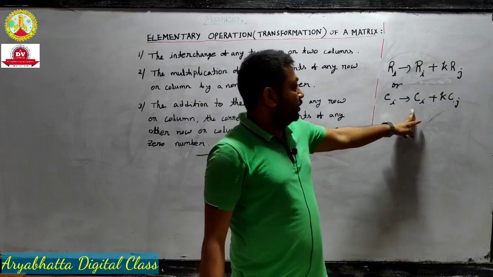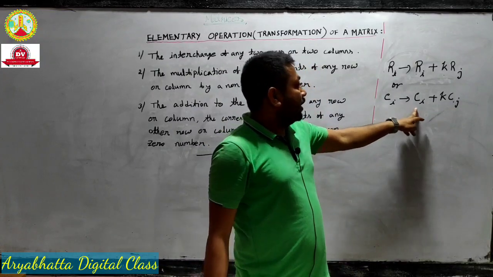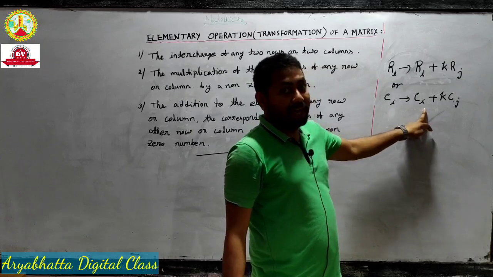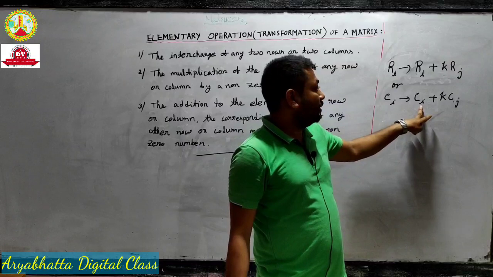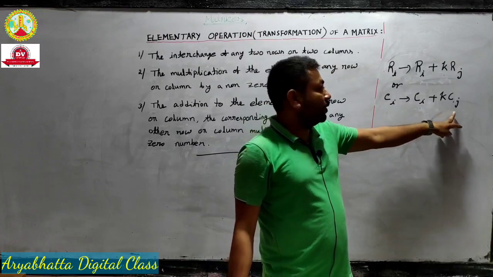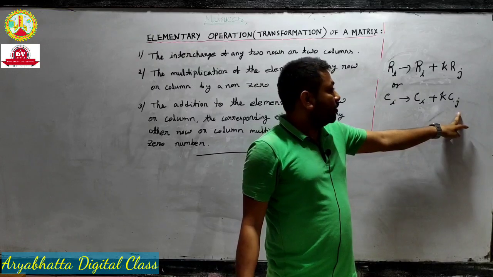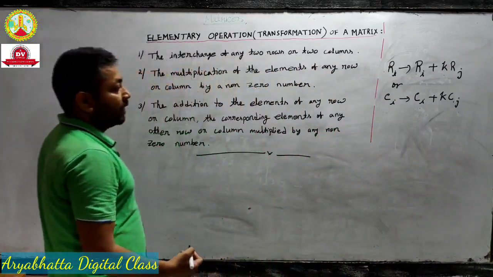Similarly, it means the addition to the elements of the ith column, the corresponding elements of the jth column multiplied by k.